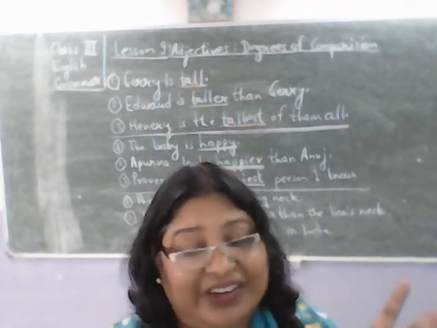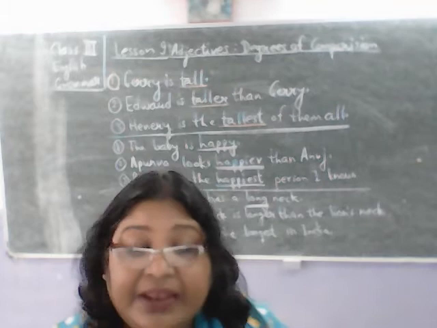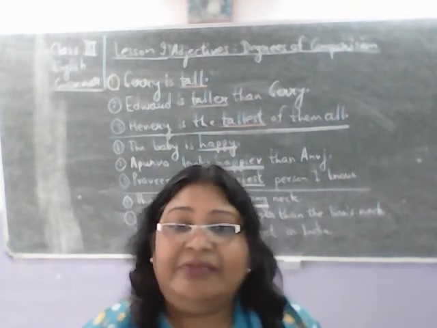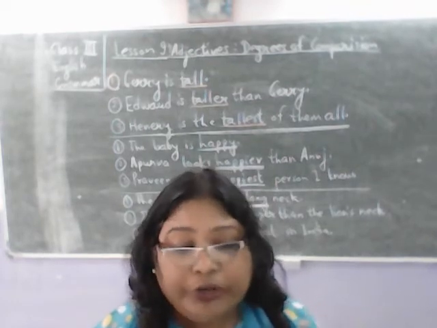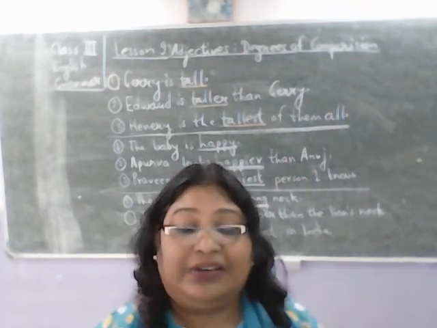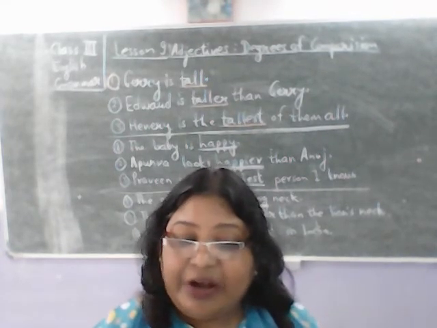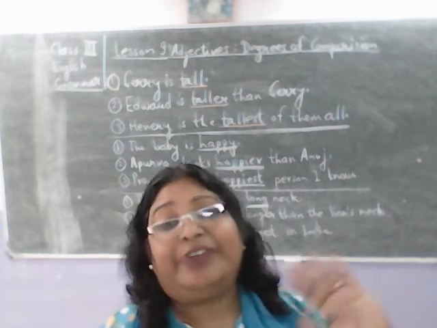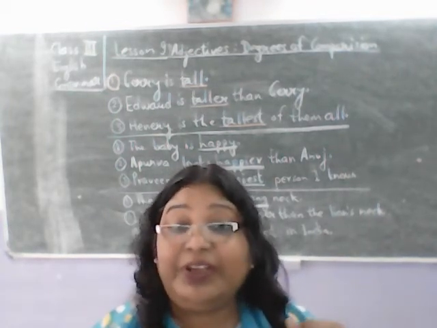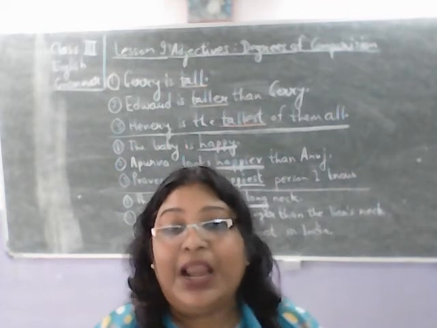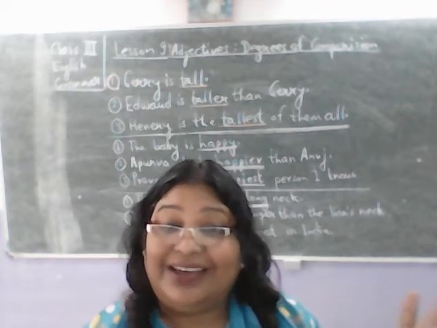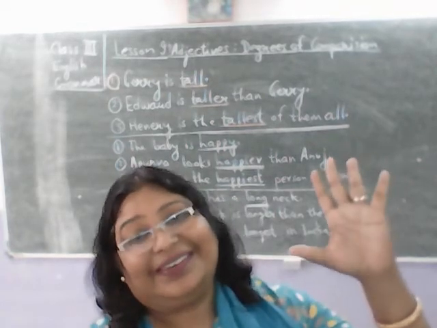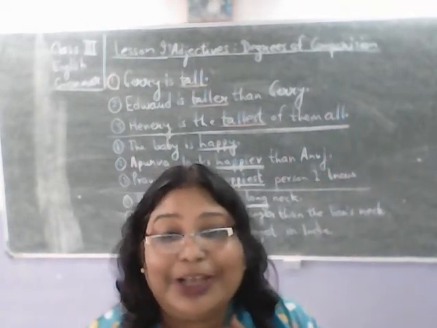Now the fifth thing which you have to keep in mind is that some adjectives do not follow any of these patterns. Their other forms are completely different from their usual form. For example, good, better, best. It is not like good, gooder or goodest.